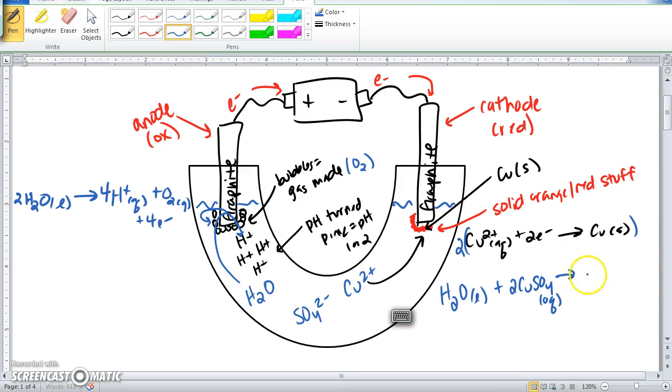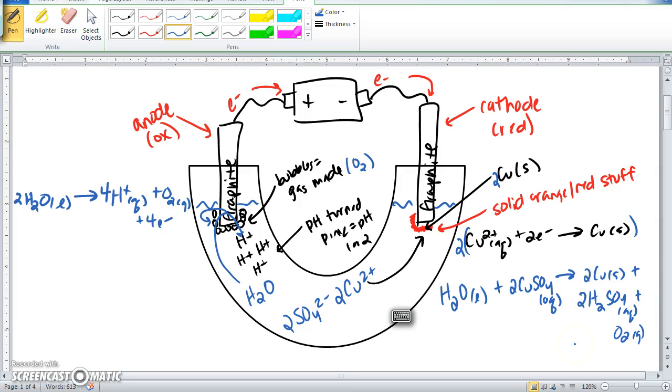That's going to turn into 2 solid coppers plus 2 H2SO4s. And I know it's H2SO4 because SO4 is my spectator ion. I've got acidic H's on the product side of this reaction. So since SO4 is 2 minus, that means I've got 2 H's for it. So 2 H2SO4s gives me my 4 H pluses and my 2 SO4s. 2 here, and a 2 here, and a 2 here. And then I also have my oxygen gas as a product.